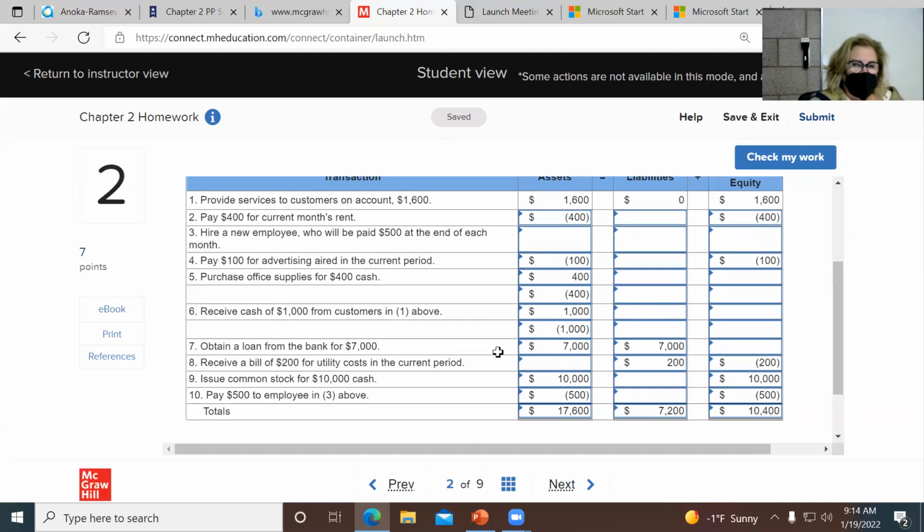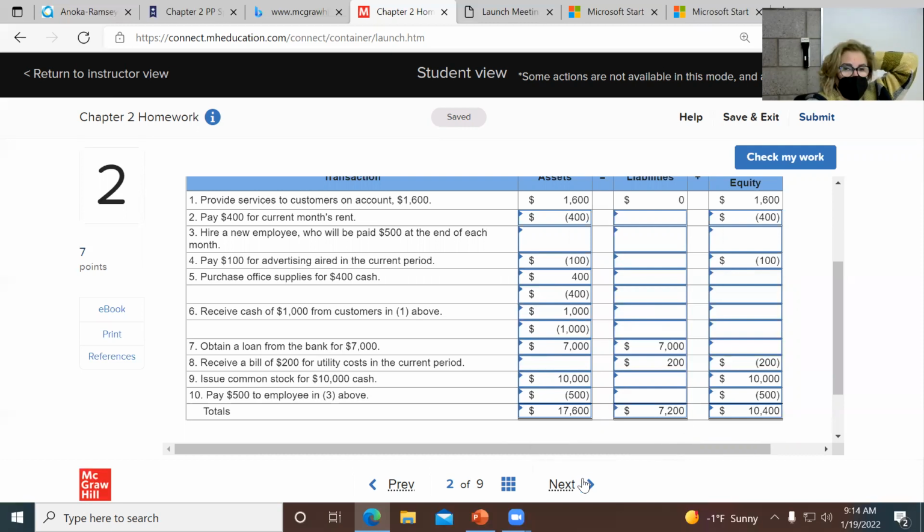Do you see, guys, our assets of 17,600 equals our liabilities of 7,200 plus our stockholders' equity of 10,400? Do you see how we balance? Any questions on this? How are you doing?